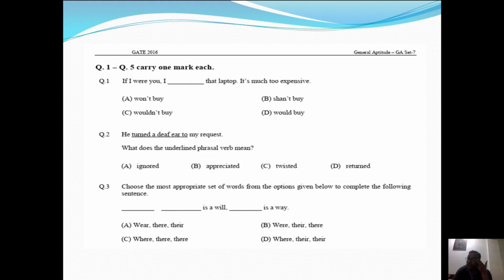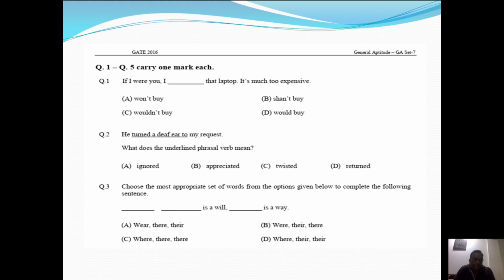The options given are close to each other to make you confused, but if you understand the meaning of the sentence, then you can choose the correct option.